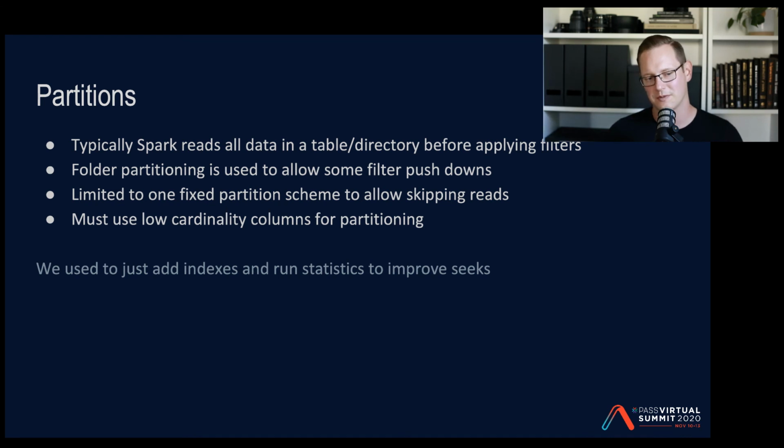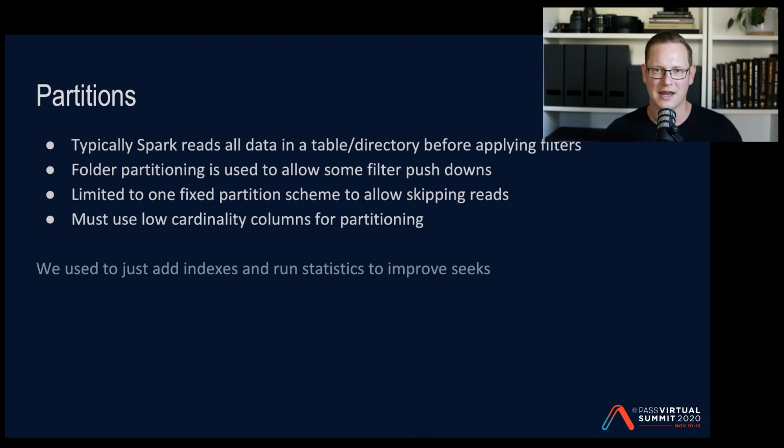So to go deeper on the partitions, which is a really important piece of it, we typically are reading all the data in a directory, which is like all the data in a table when we're using Spark. Even if we're applying filters, it doesn't always get passed down the way you might expect it to. So with partitions, we can make that a lot better, especially with Spark 3.0 and above. It handles that filtering better with partitions.